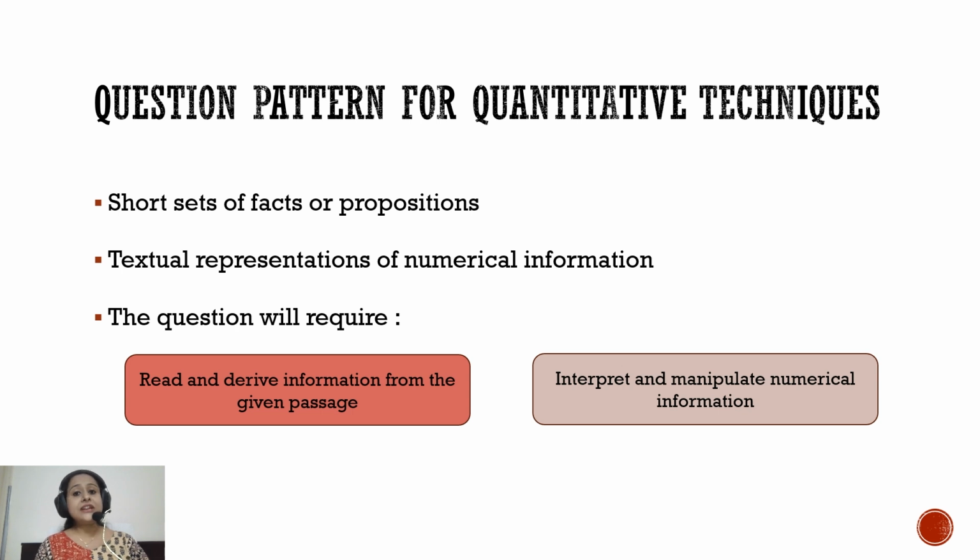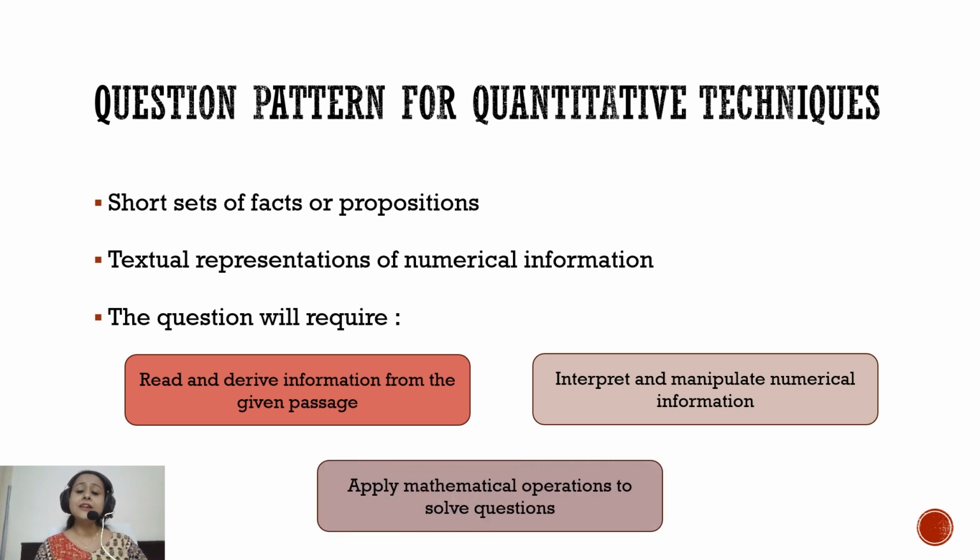You have to read the questions, and based on the question you have to interpret, okay, and calculate numerical information applying different mathematical tools and techniques, operators, which we will see later. The last step is to apply different mathematical tools to solve the question. So first you read it properly, you deduce numerical information from the passage, and apply the mathematical tools that you have learned, right?